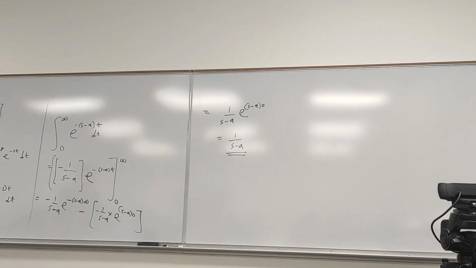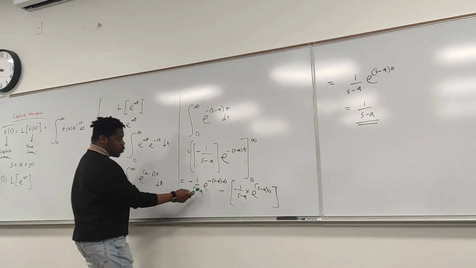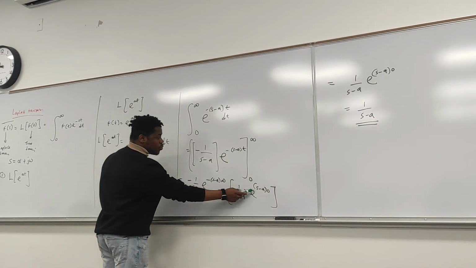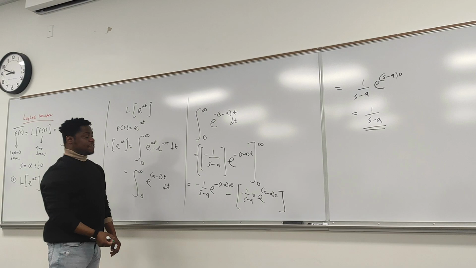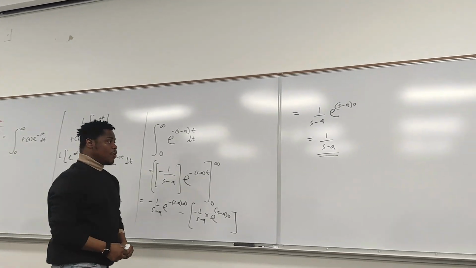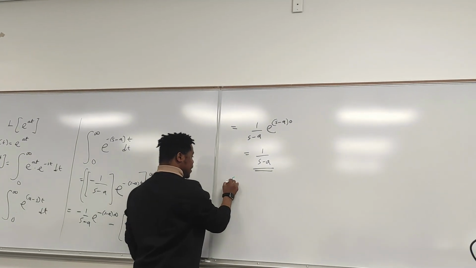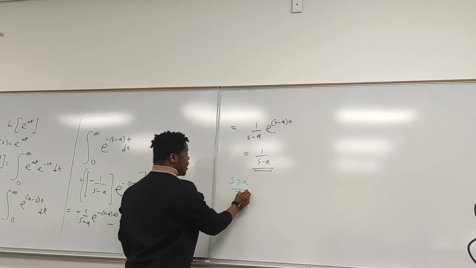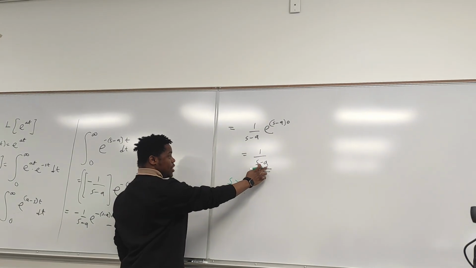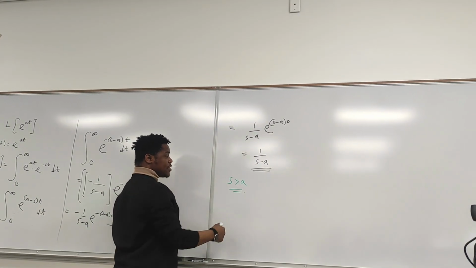I do want to tell you though that if s is equal to a here, the function is divergent. This is only possible if s is greater than a here. Because if s is equal to a, this will be 0, and 1 over 0 is infinity.